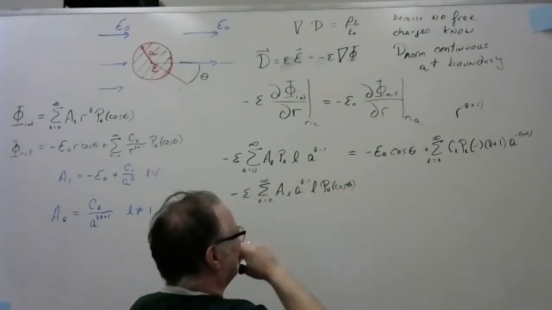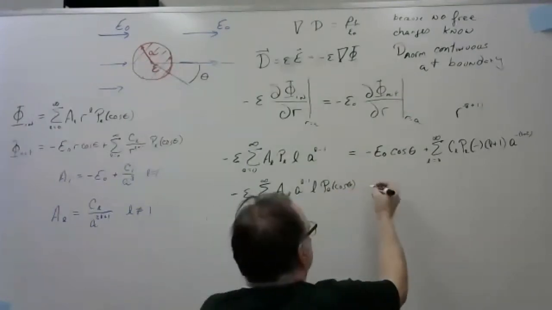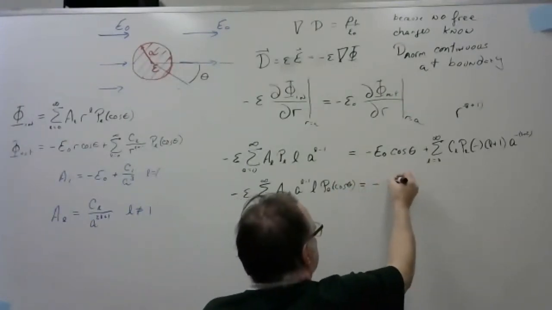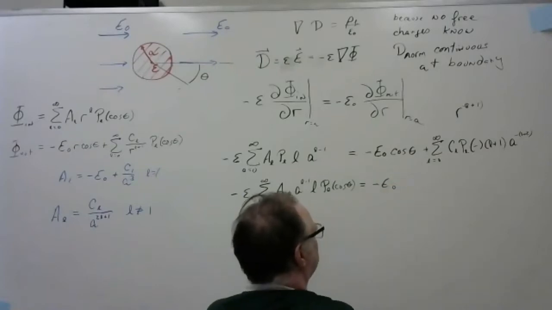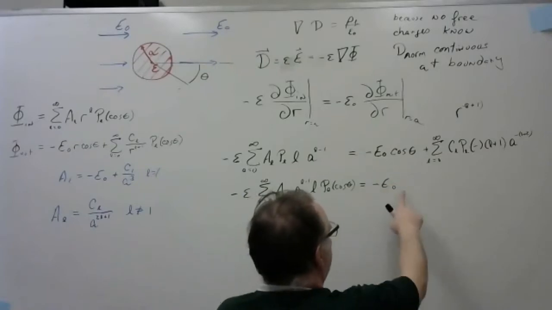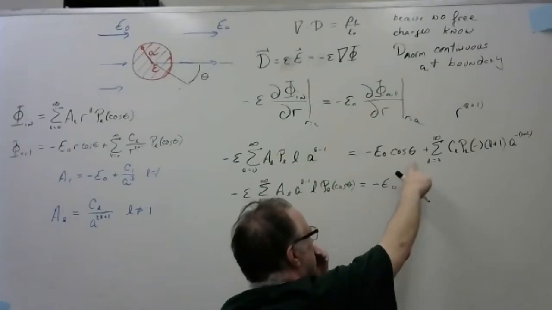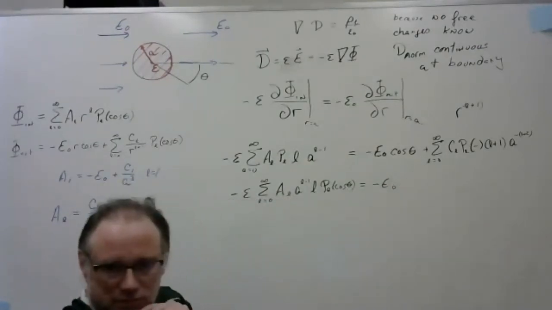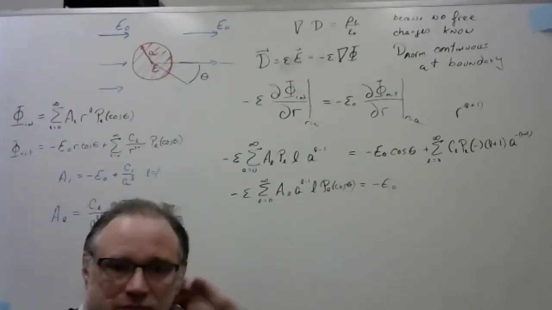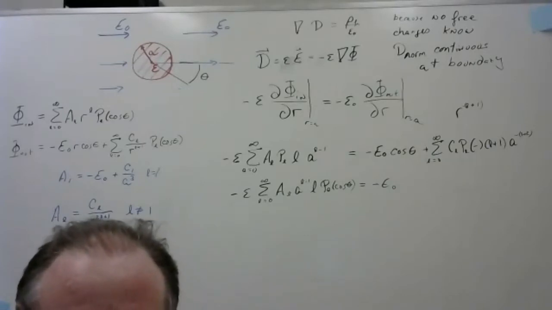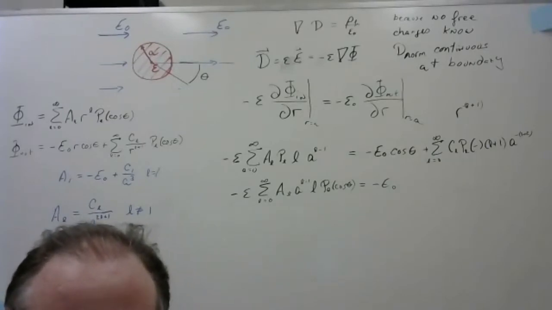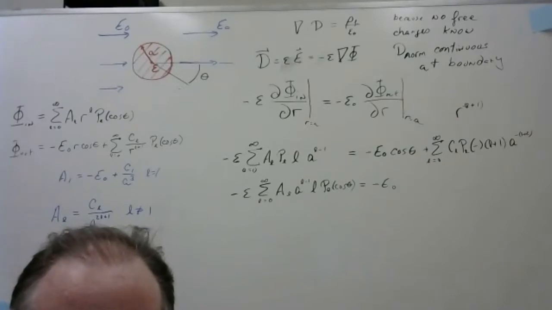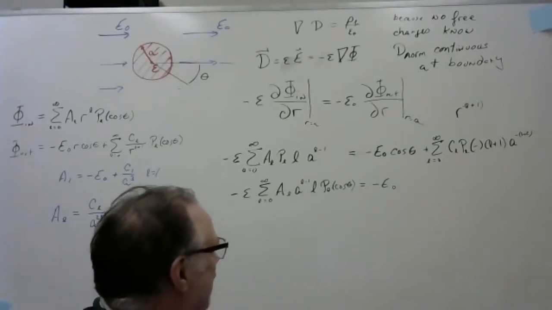Now I'm writing this out for a purpose. Okay? Minus E naught. What is this? What is this? Which Legendre polynomial is that? Sorry, which is what? The cosine theta.